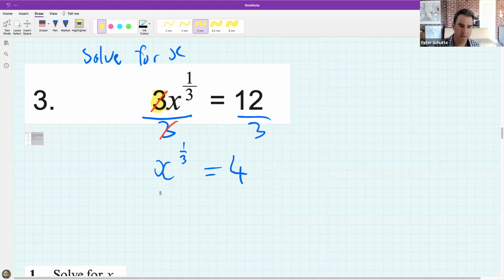Keep those answers coming. This is the important bit. You have to ask yourself, how can I get the x to be by itself?